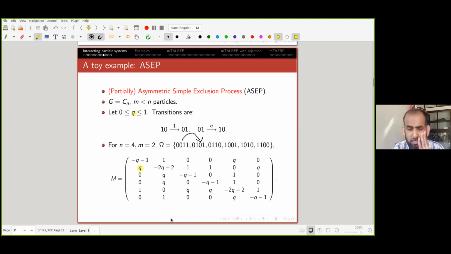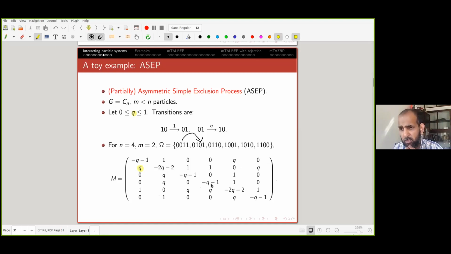So all the off-diagonal entries are filled out this way, and the diagonal entries are filled so that the column sum is 0. And what we have to do now is to find the column vector with eigenvalue 0. In this case, this is particularly easy because you notice that the row sums are also 0.